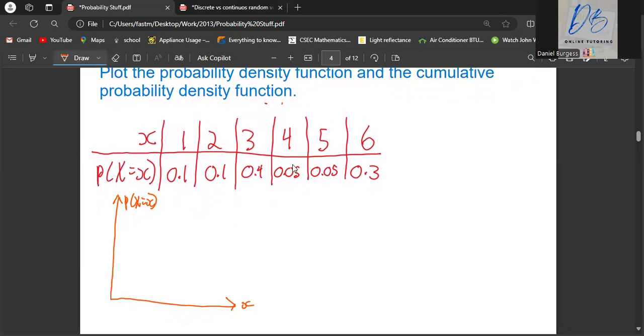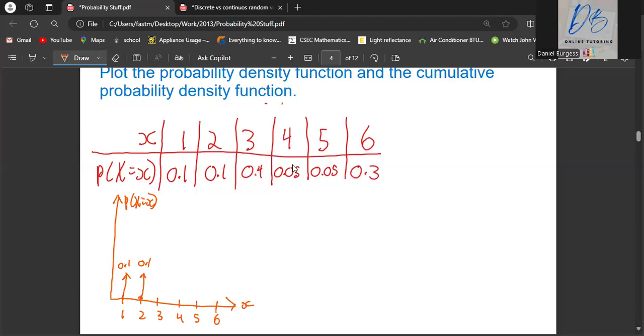Since it's discrete data, when plotting it we have the possible outcomes 1, 2, 3, 4, 5, and 6. So 1 goes up to 0.1. It's just vertical lines going up to wherever they need to go. 2 is 0.1 also.